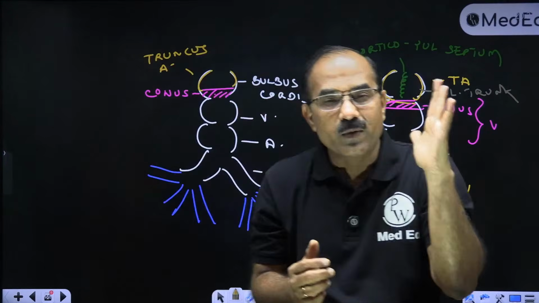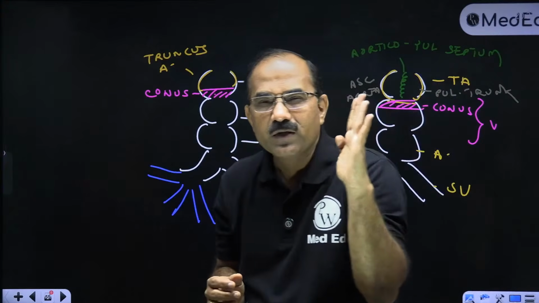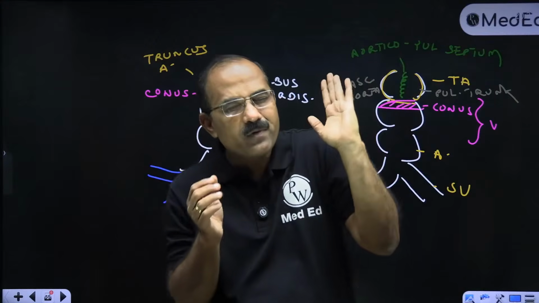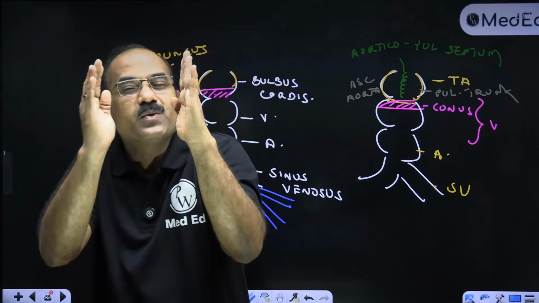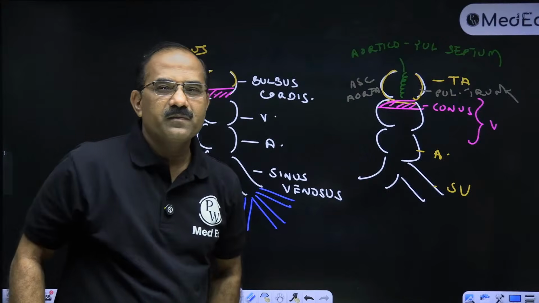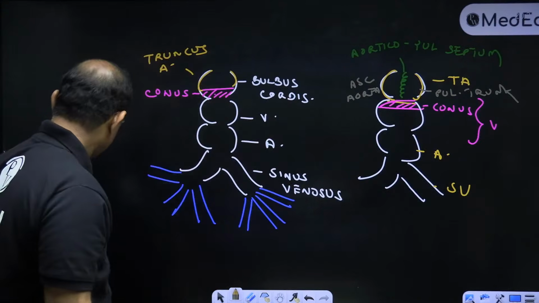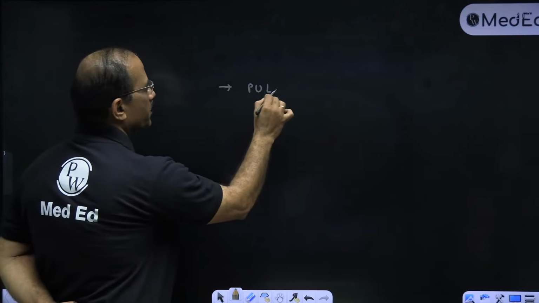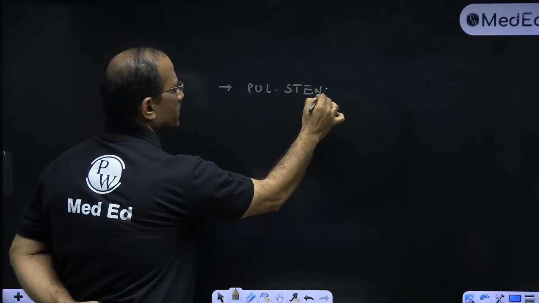Suppose if this aorticopulmonary septum shifts to the right side, अगर ये aorticopulmonary septum right side पे shift हुआ, so this results in what? If this aorticopulmonary septum shifts to the right side, it results in pulmonary stenosis.